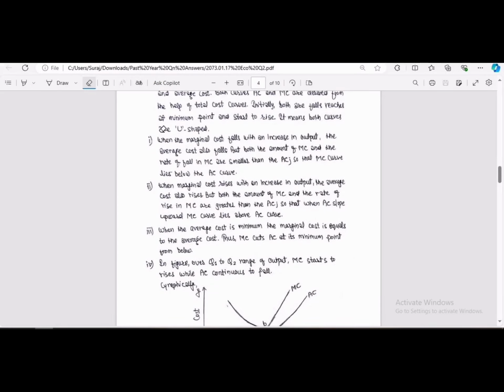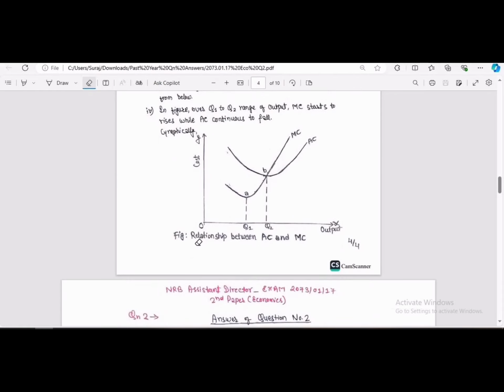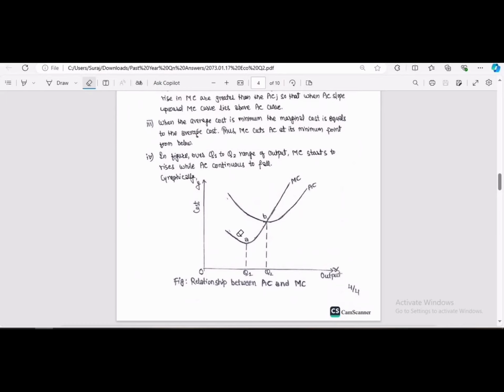These points are about the curve: point 1 about the falling, point 2 about the rising, point 3 about MC cutting AC from the minimum point, and the fourth about MC rising but AC continuously falling from Q1 to Q2.